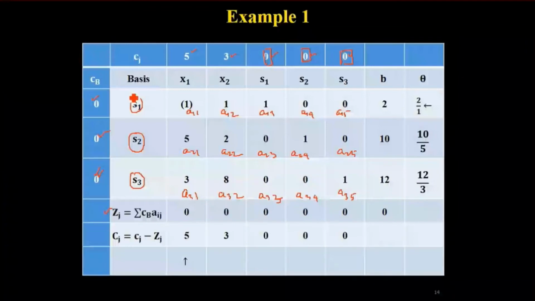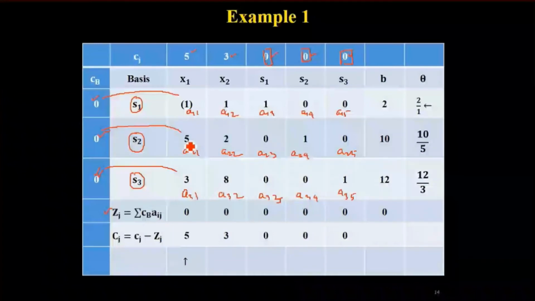cb aij means this: 0 into a11, this 0 into 5, 0 into 3, we have to add. So 0 into 1 is 0, 0 into 5 is 0, 0 into 3 is 0. So if we add, it will be 0. Then this one: 0 into 1 is 0, 0 into 2 is 0, 0 into 8 is 0. Like that we can find. Similarly we have to find this cb.